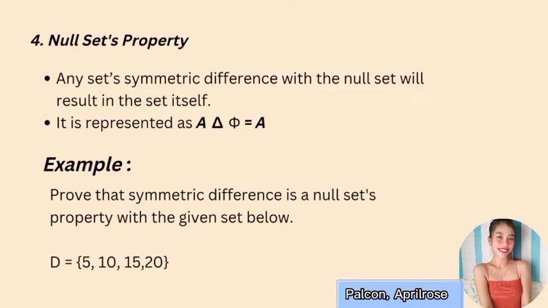Null set property. The null set property is that any set symmetric difference with the null set will result in the set itself. It is represented as A symmetric difference empty set equals A. For example, prove that symmetric difference satisfies the null set property with the given set below.